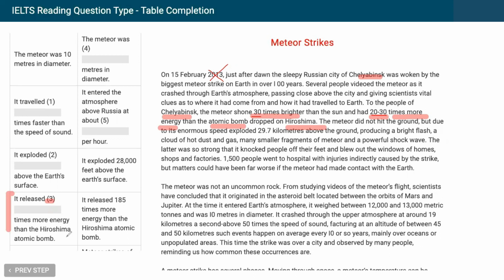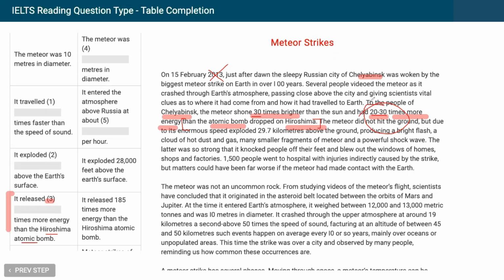Students might be confused as to which one is the correct answer for number 3. We know that number 3 is contained in this sentence because we have these excellent keywords here: atomic bomb dropped on Hiroshima, atomic bomb here, and Hiroshima here. Notice how it is worded a bit differently, but this is common for the exam. So we want to look at what is directly related to the Hiroshima atomic bomb, and that brings us to 20 to 30.